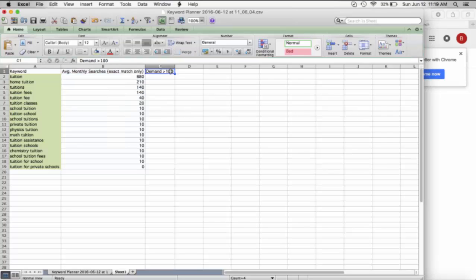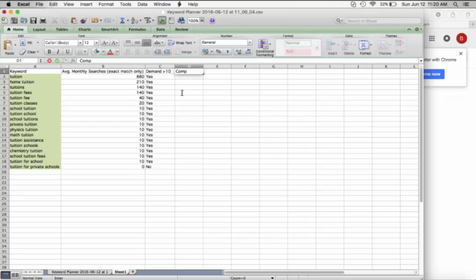So here in this case, let me make it 10 because we have a lesser sample here. So I'm identifying all those keywords which have demand greater than or equal to 10. I'm choosing all these keywords. Okay, now my filter 2, what should it be?